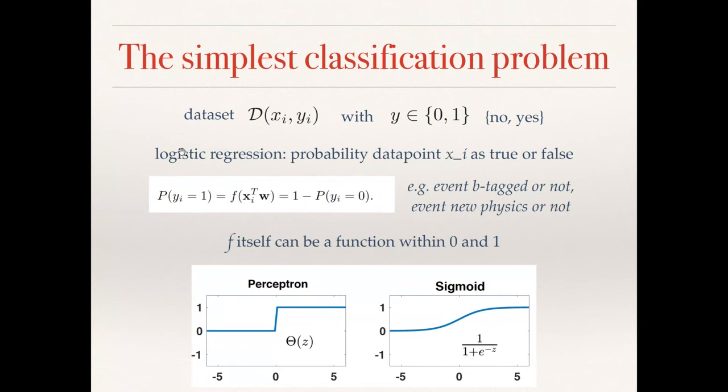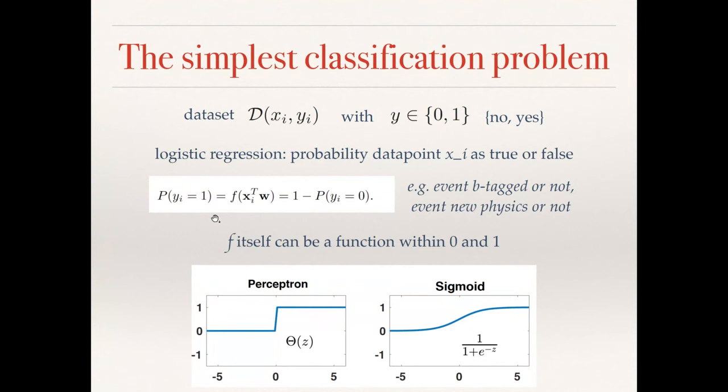In that case, what logistic regression will give you, or what you want to obtain as a cost function, is the probability that a data point is true or false.